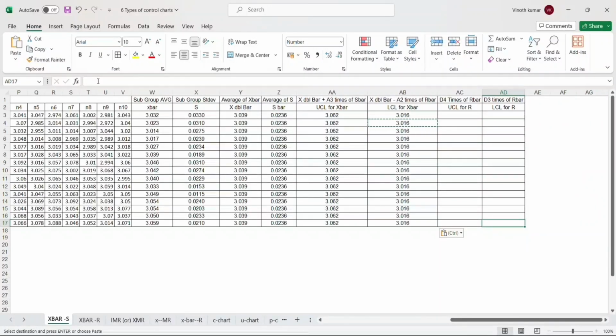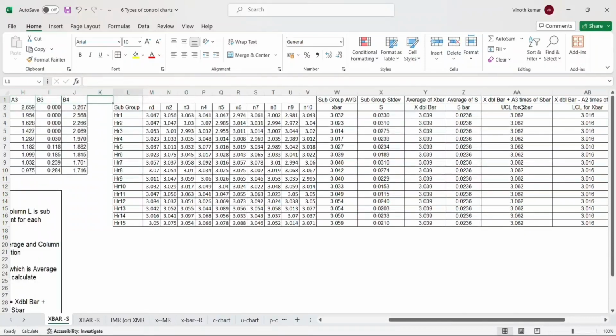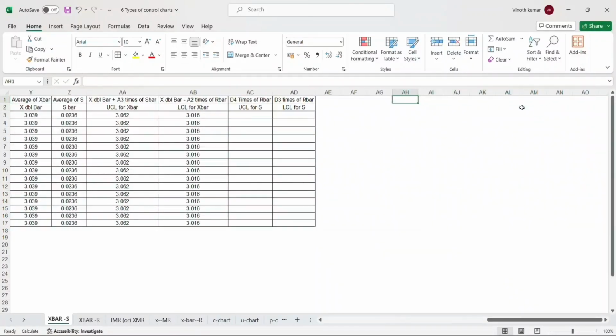Now we will draw the control limits for our S chart. Sorry, let me change it. It's for S chart. And the formulas are also going to use B4 and B3 from the constant table. So let me change it. It is not D4, it's actually B4 and B3.